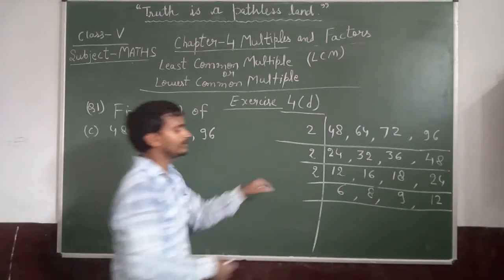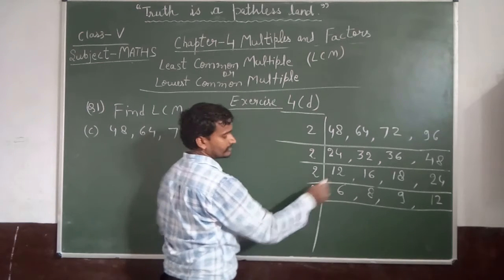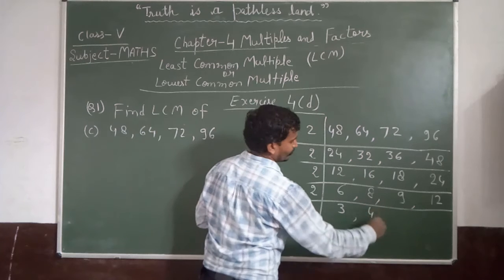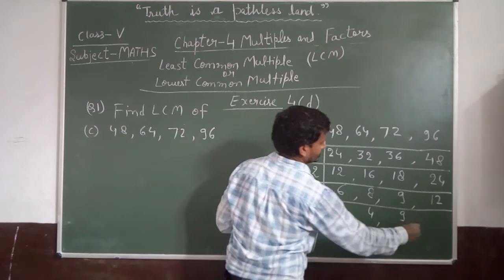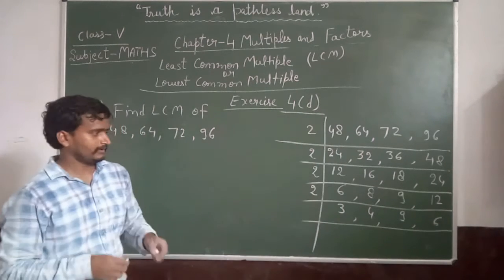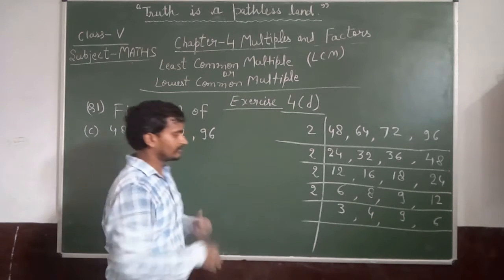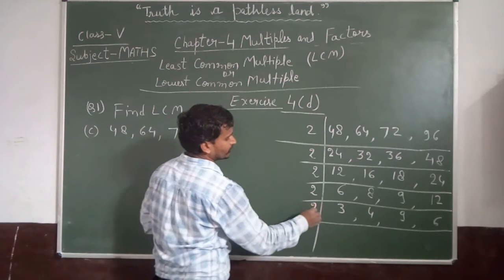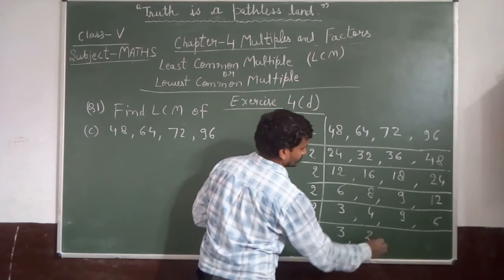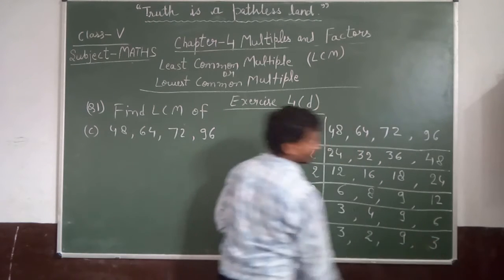Again divide by 2 because even numbers. On dividing by 2, it will be 3. Here 4, 9, 6. It will be noted down as it is. Next, dividing by 2, it will be 3, it will be 2, it will be 9, and here 3.